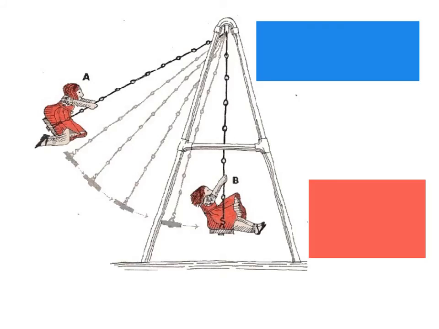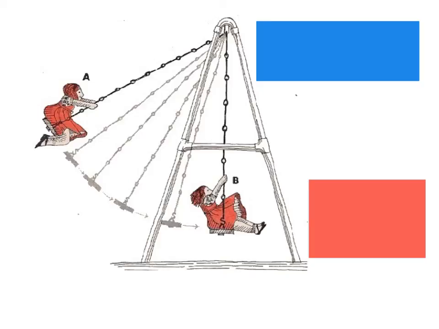We have a girl here playing on a swing set. So we want to figure out here where it is that we have potential energy and where we have a lot of kinetic energy. So let's try to remember. Where was it that we said an object has its most potential energy? At its highest or lowest? Very good.